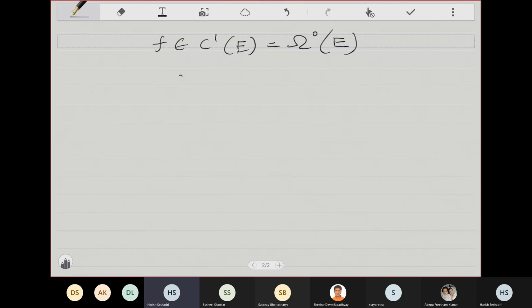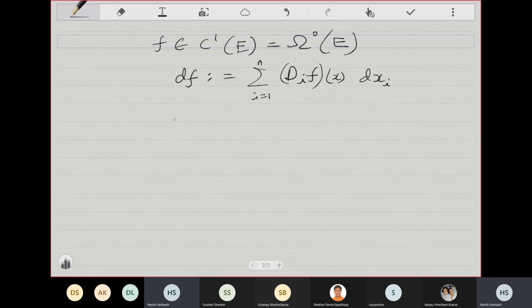So df we defined to be the sum of the partial derivatives of f at x times dxi.